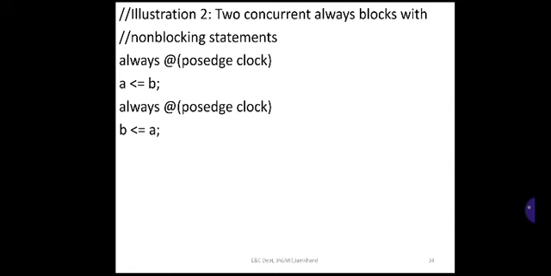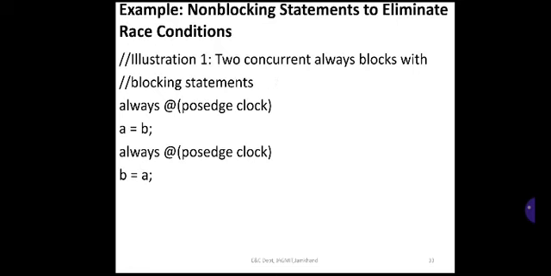In the first example, illustration 1, there is a race condition. The problem here is nothing but a race condition. What do we mean by race condition here? There is a race condition when blocking statements are used. Whenever you use blocking statements in such kind of expression, there will be a race condition.